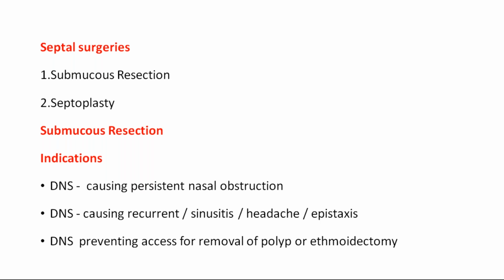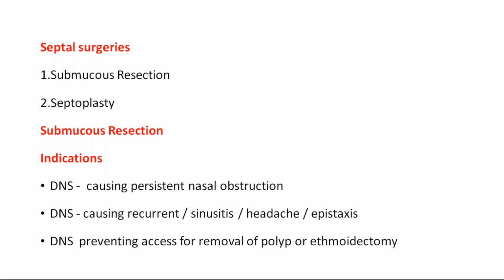After elevating it completely, you dislocate the cartilage from the perpendicular plate of the ethmoid and the vomer. And then you elevate the mucoperiosteal flap on the opposite side.